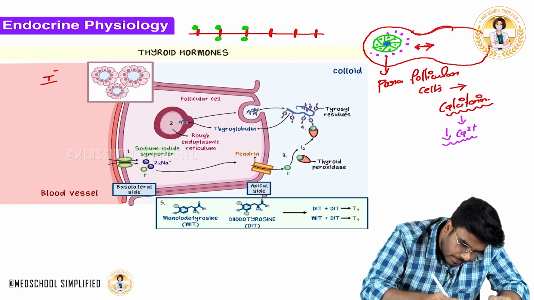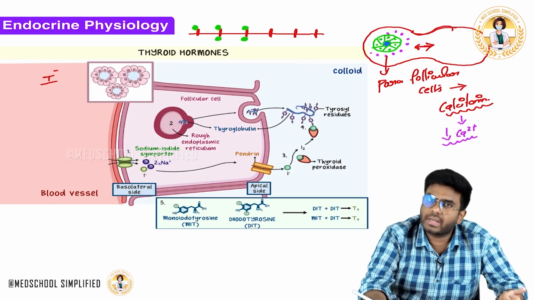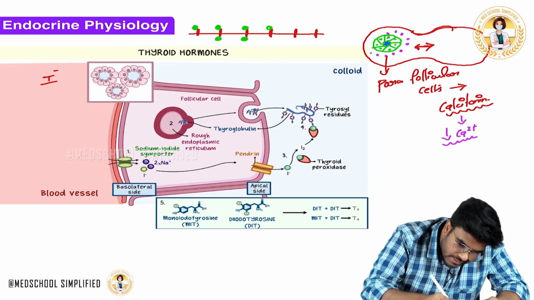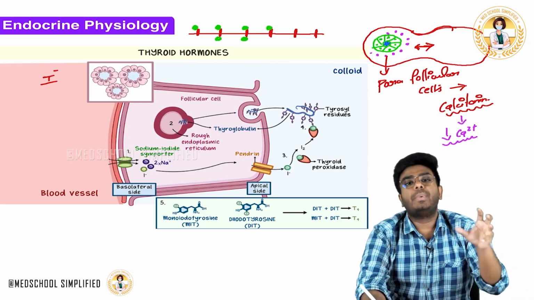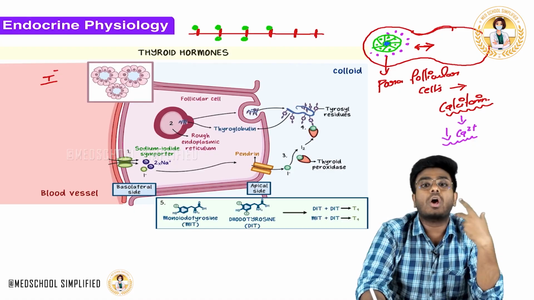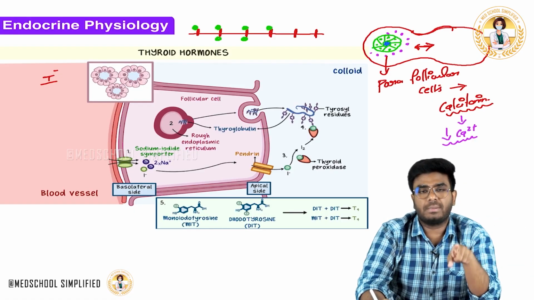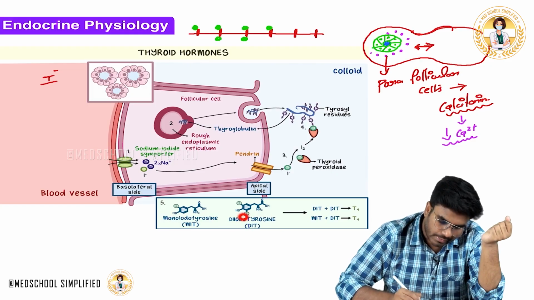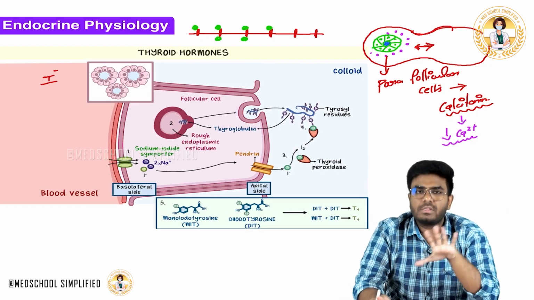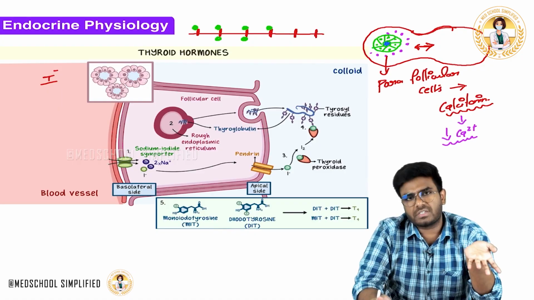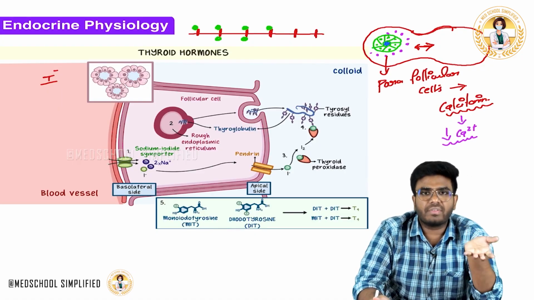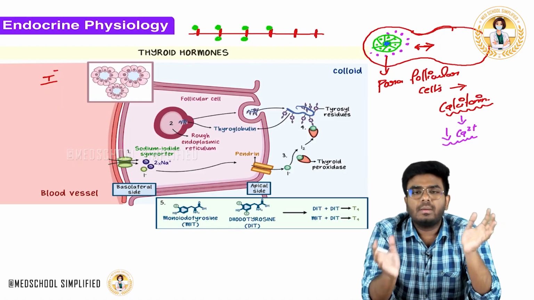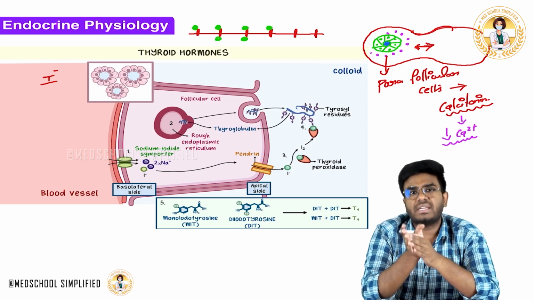Here iodine is coming and sitting. This is also diiodotyrosine. Here this is monoiodotyrosine. So based on the number of iodines getting organified onto the tyrosine, we are left with either monoiodotyrosine or diiodotyrosine. So oxidation completed, organification completed. Organification at the end of the day results in monoiodotyrosines as well as diiodotyrosines.